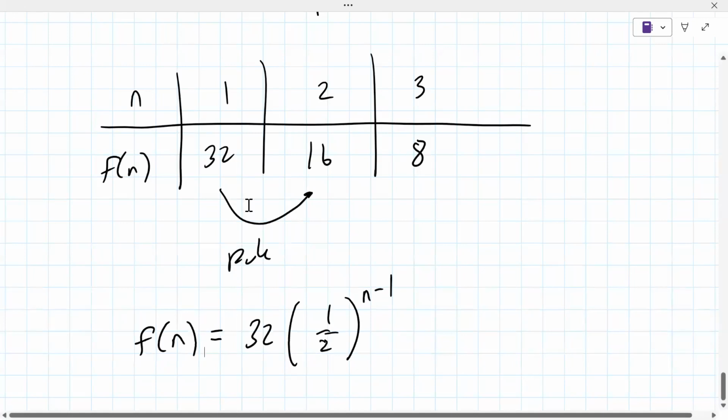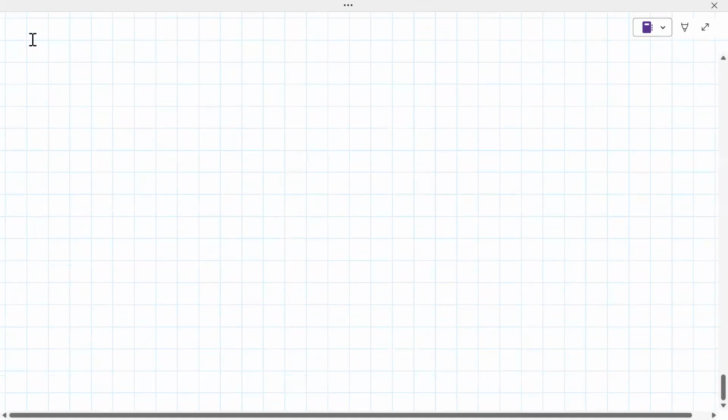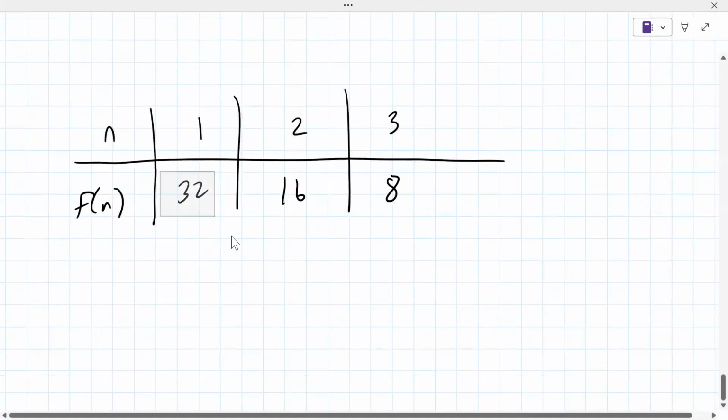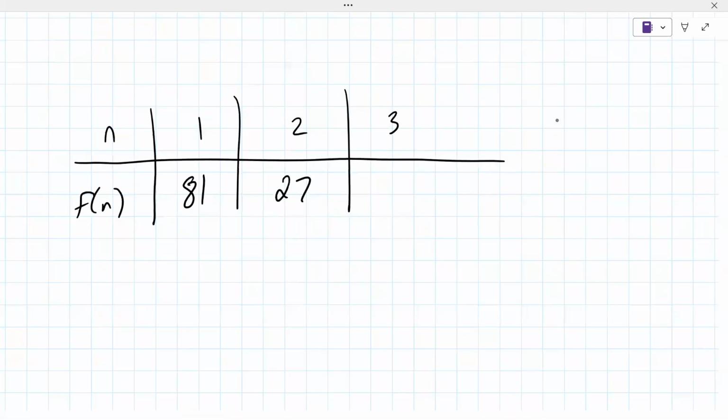Okay, hopefully you're seeing the pattern here. So let me make another table and have you try writing the rule. I've got to change the numbers though. 81 parentheses 1/3 close parentheses n minus 1.